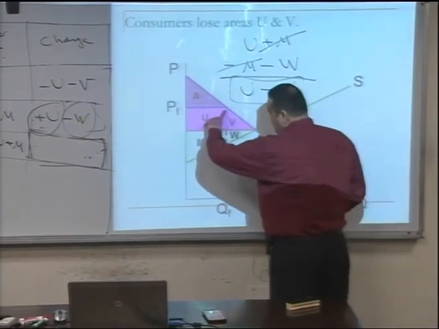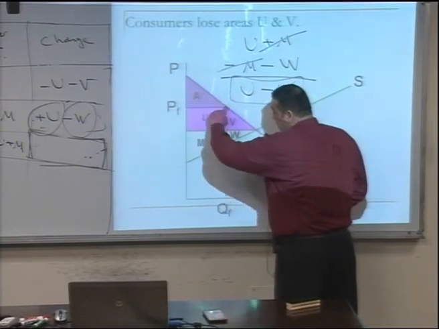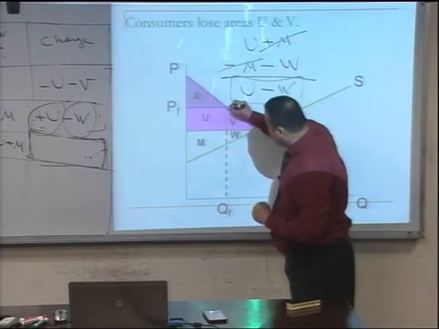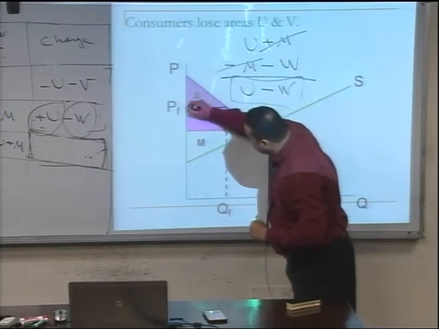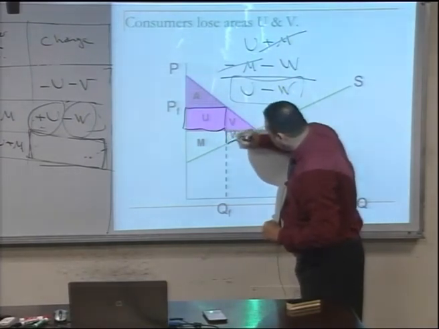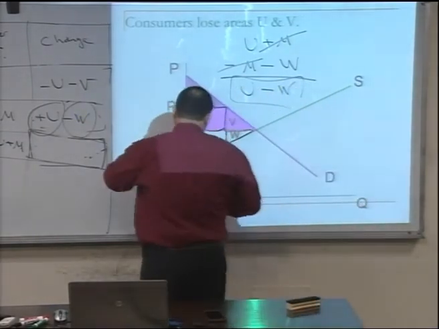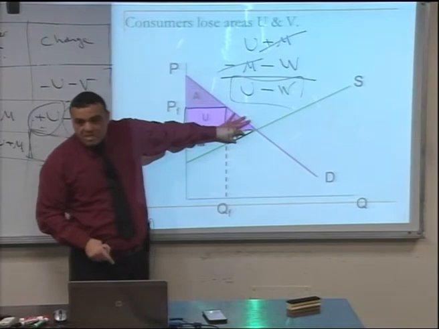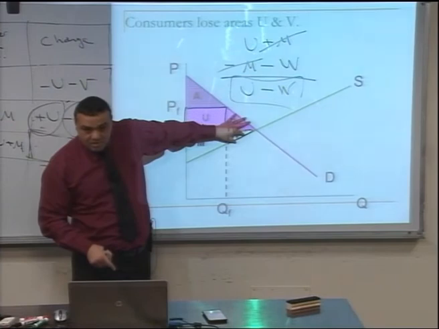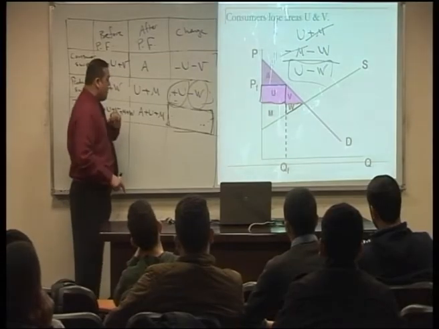The producer gains additional U here, and loses this triangle. The gap between U and W here is the net gain for the producer welfare. Right? Okay, what about the final result?